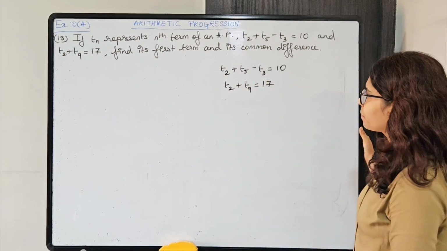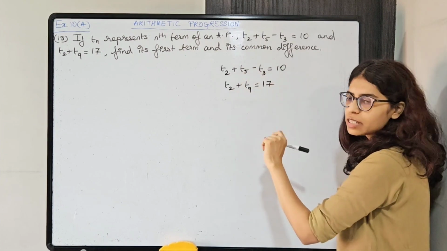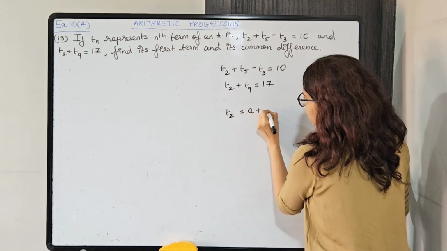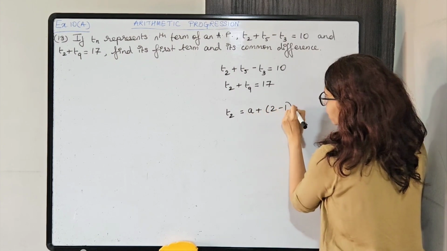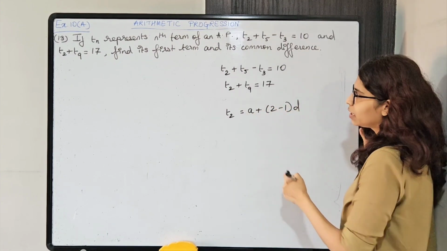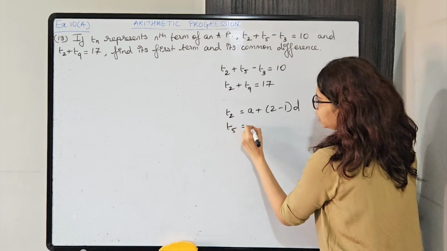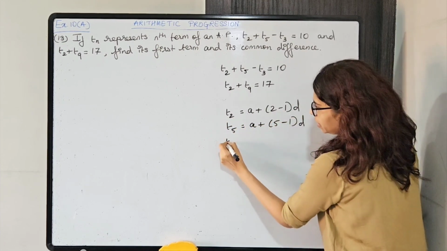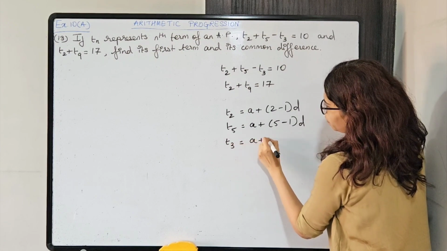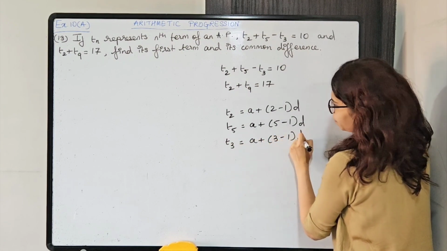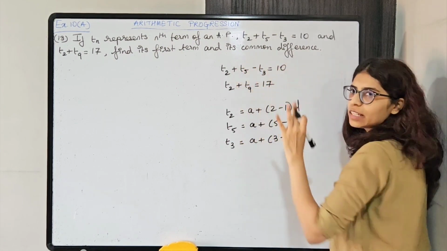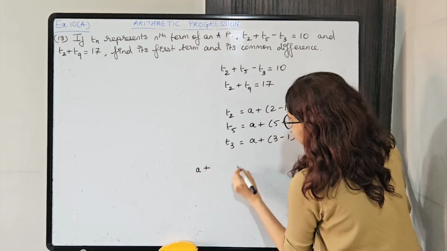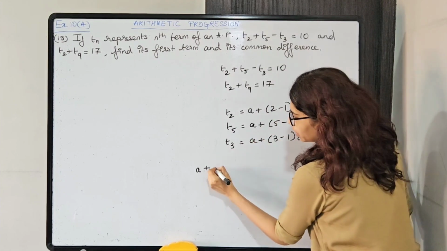Okay. t2 is nothing but a plus 2 minus 1d. Okay. t5 will be a plus 5 minus 1d. t3 will be a plus 3 minus 1d. पुट करो ये वैल्यूज यहाँ पे. ओके, सो a plus 2 minus 1d is nothing but 1d.